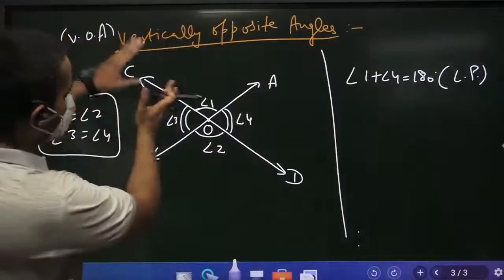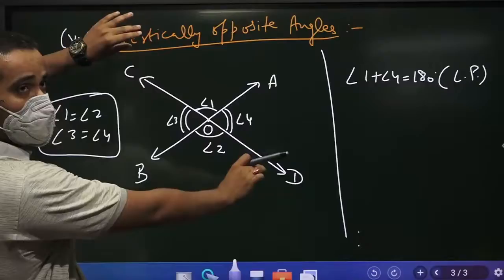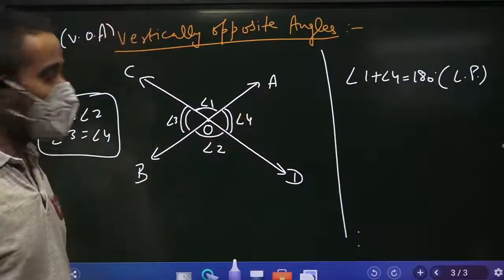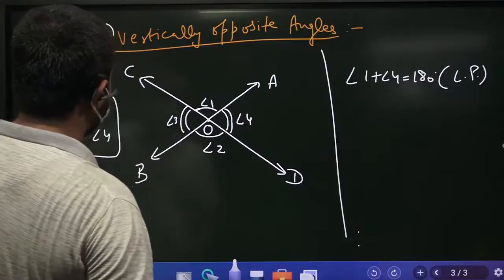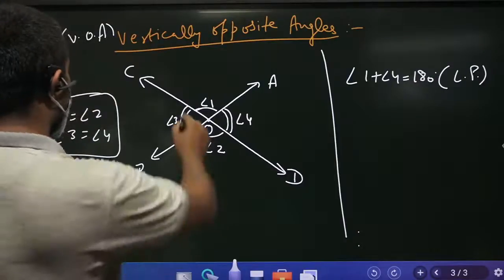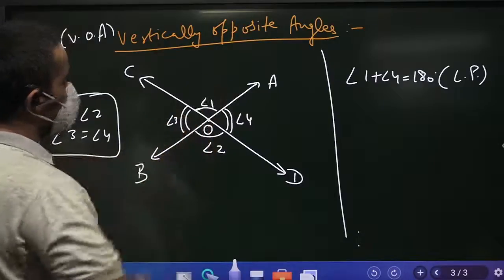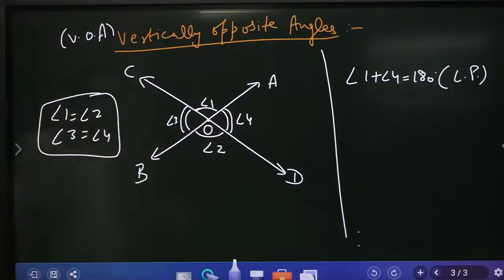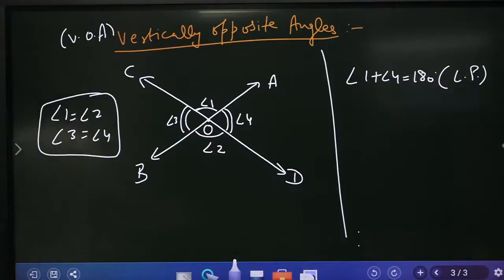Yes or no? On this line you have two opposite rays, so their sum will be 180. Similarly you can do it for AB also. So this was for CD; for AB also you can do it like this. Yes or no? I think yes. You can try on your own.